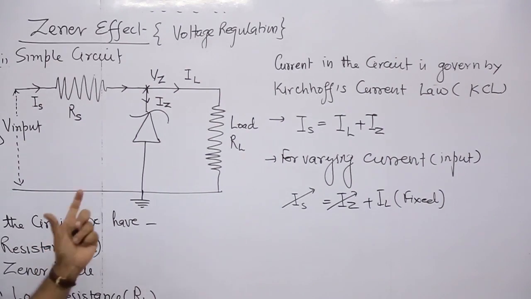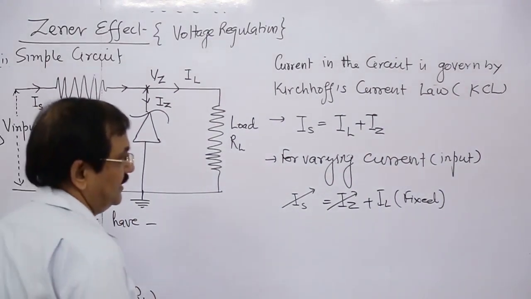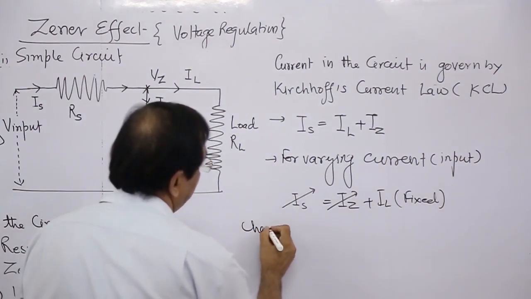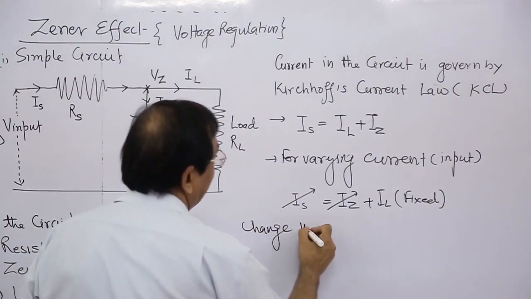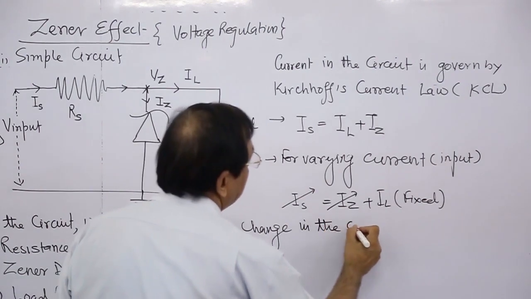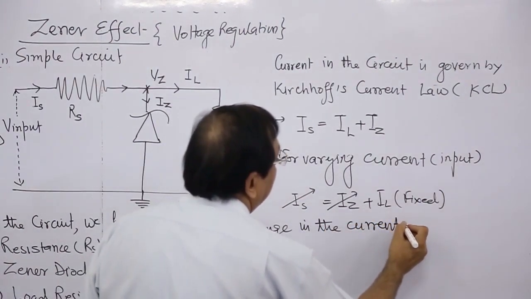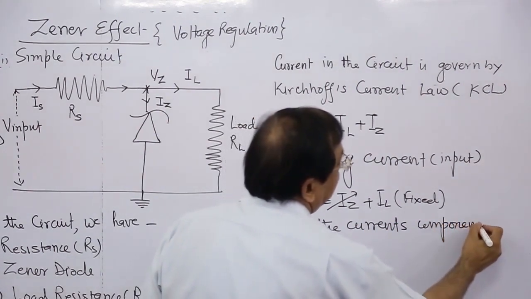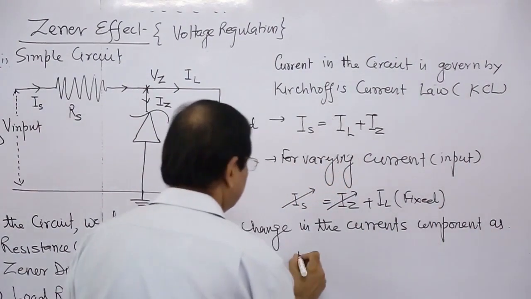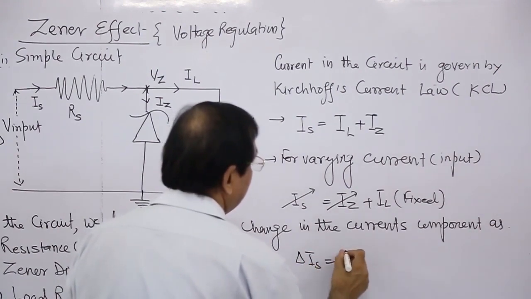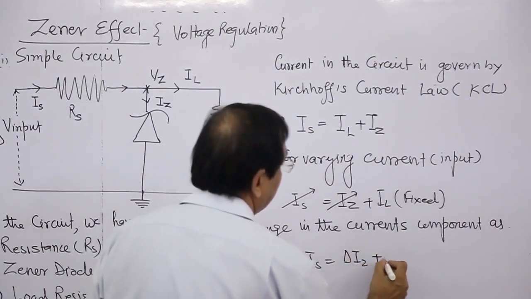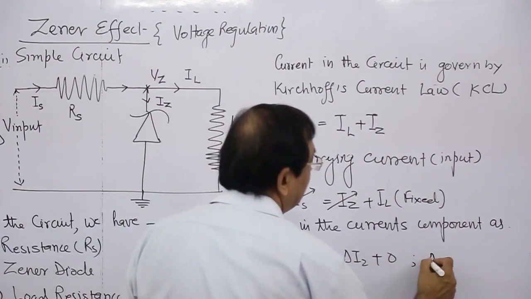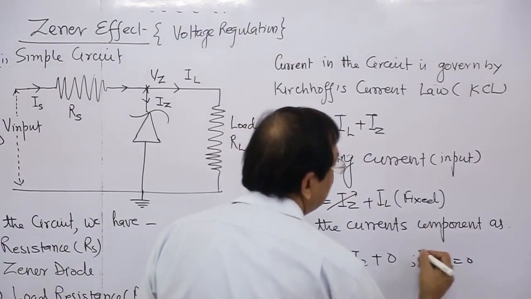The change in the current components is delta IS equal to delta IZ plus 0, that is, delta IL is equal to 0.